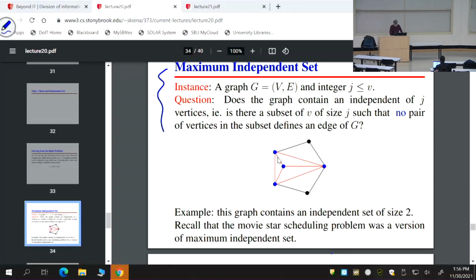If we take a look at this particular graph, these two vertices form an independent set, meaning that there is no edge between any pair of them. Right? Can we make it bigger? Is there an independent set of size 3 in this graph?